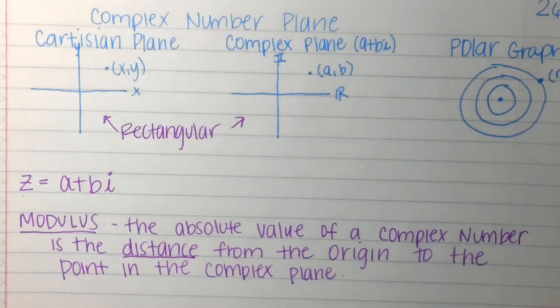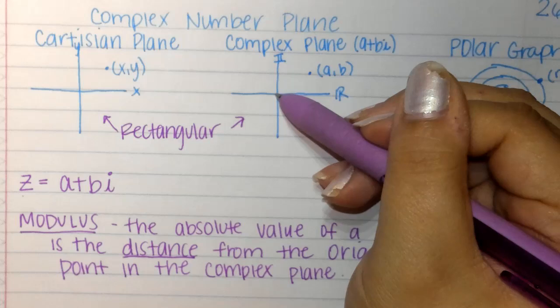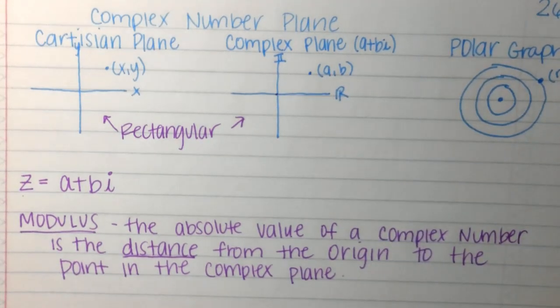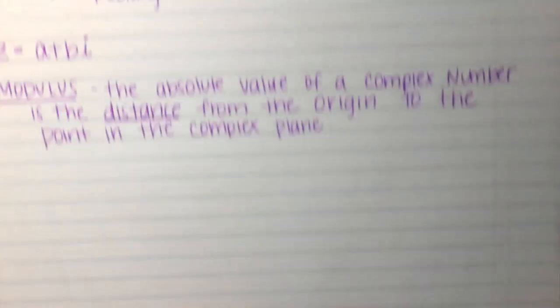The distance is not the slope. How would I find the distance from the origin to the point? Distance formula or Pythagorean theorem.